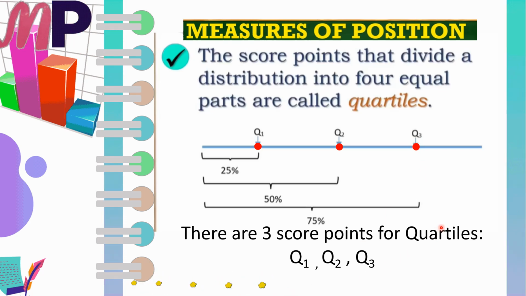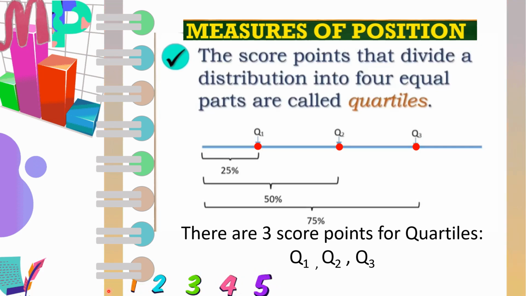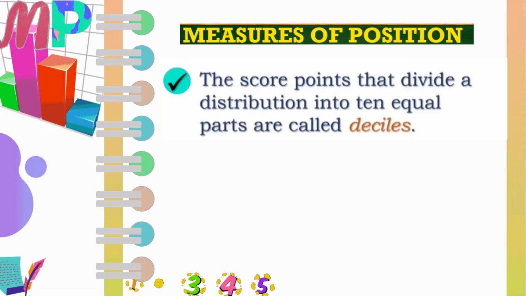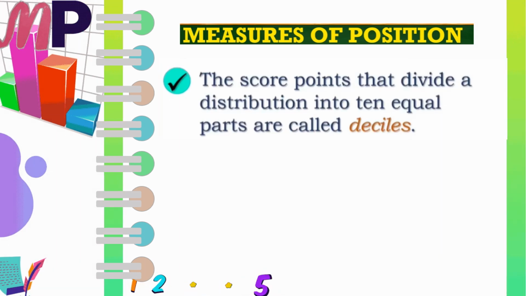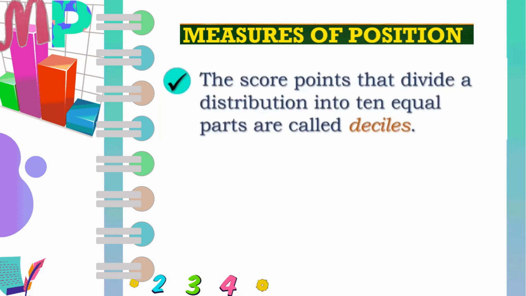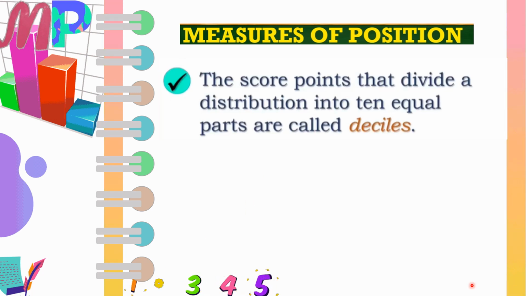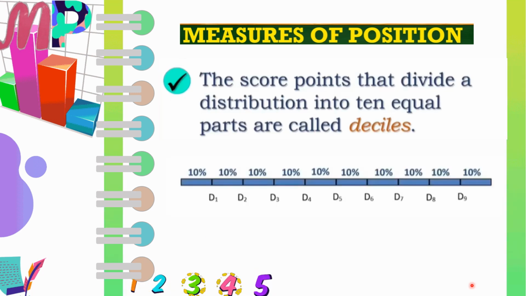Now let's have deciles. The score points that divide a distribution into 10 equal parts are called deciles. To see how deciles divide the distribution, let us see this illustration.